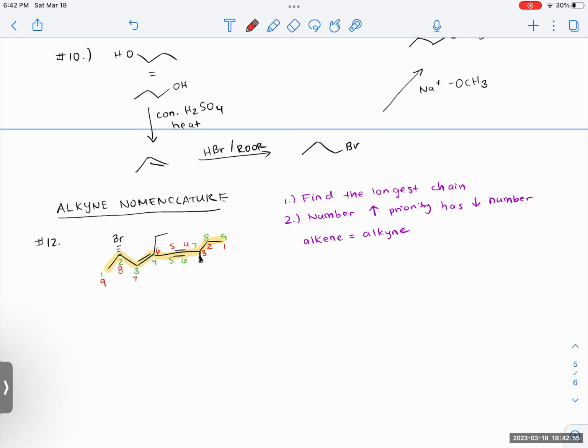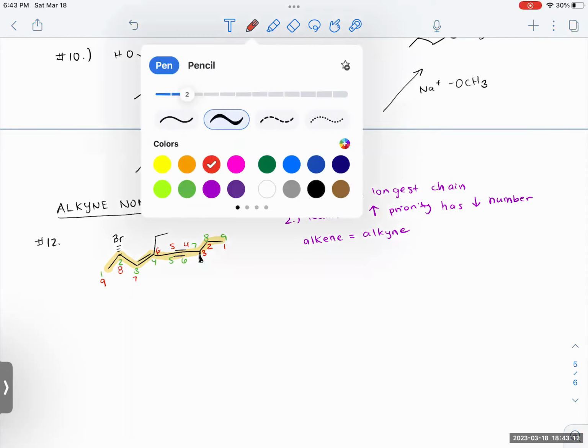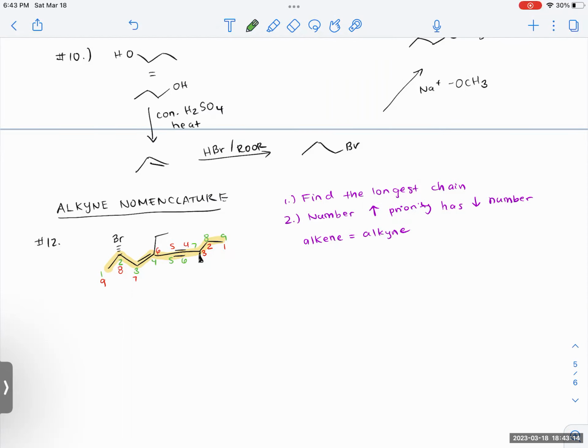Looking at this, if I look at the red route, our alkyne ends up on 4. And if I look at the green route, our alkene ends up on 3. That makes the decision for me: I'm going to use the green route because it is on a lower number.